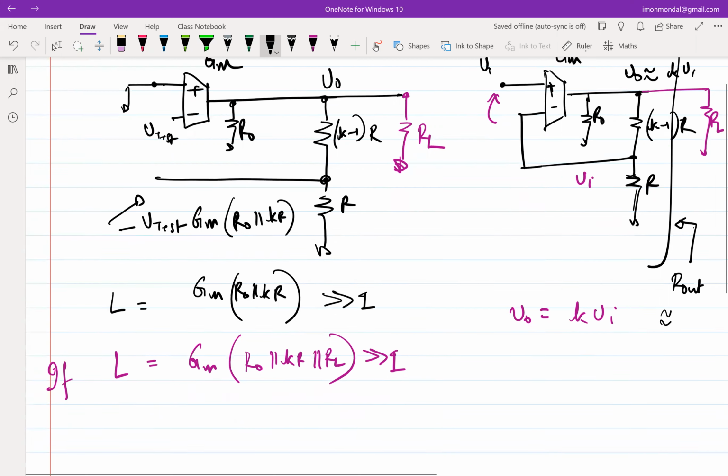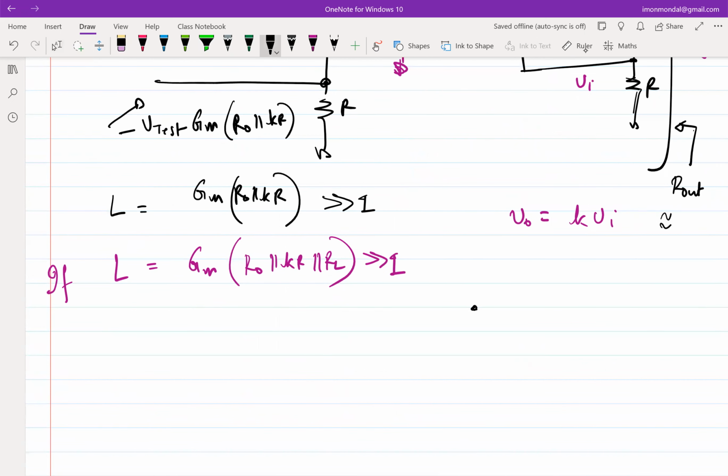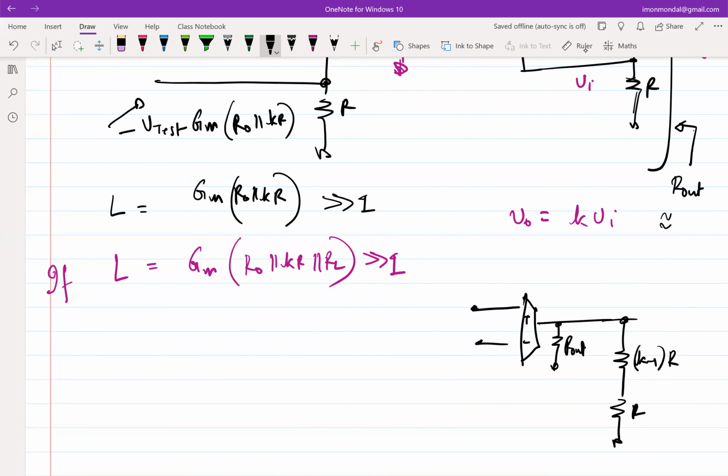So let's look at it. If you have to find out the output impedance, we do the same old thing: apply V test and try to find I test.